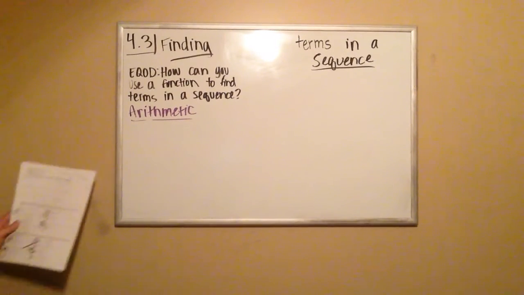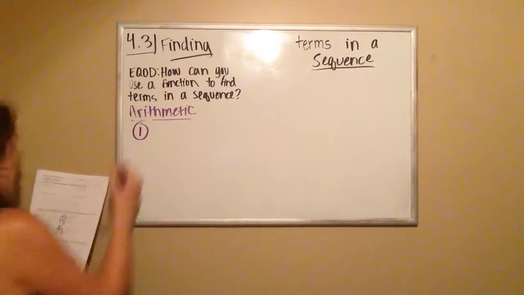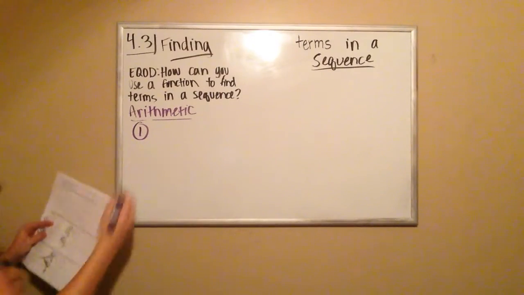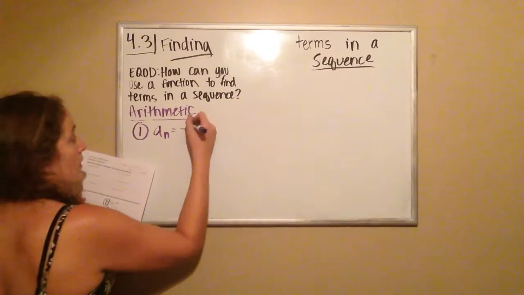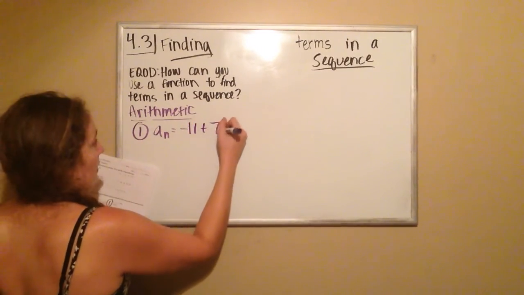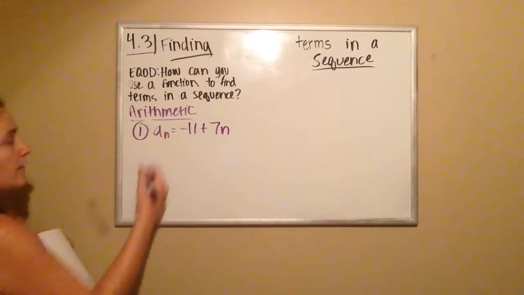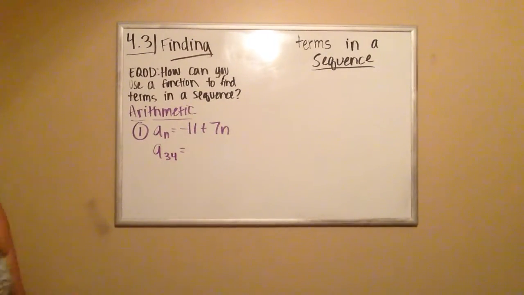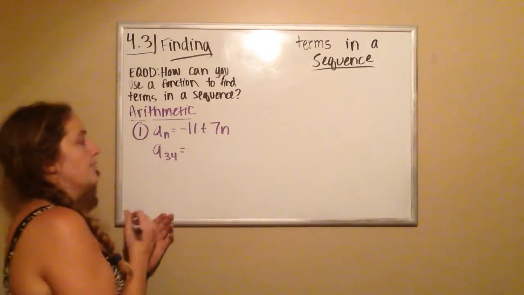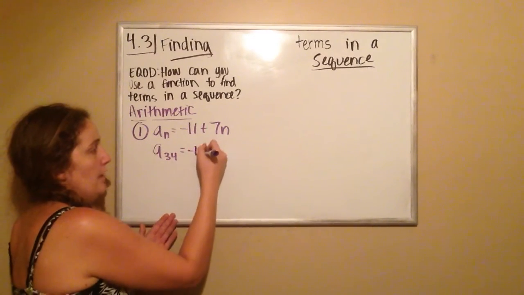So the first thing we're going to do is think about, if given a function for an arithmetic sequence, let's go ahead and find the 34th term. So we've already learned this. All we got to do is, if we want to find the 34th term, we're just going to plug 34 in for n.